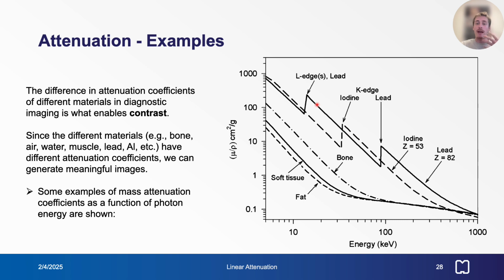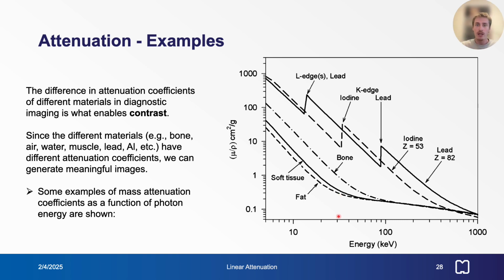Now, what we have here is some example mass attenuation coefficients for different materials at a range of energies. Now, the difference in attenuation coefficients of different materials in diagnostic imaging is what enables contrast. Since the different materials, let's say at 30 kiloelectron volts, have different attenuation coefficients, we can generate meaningful images.